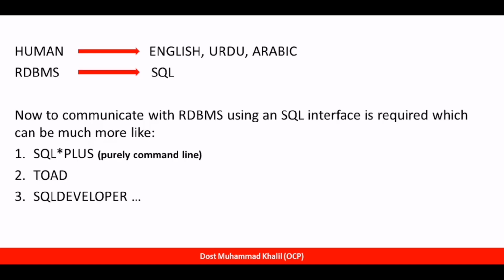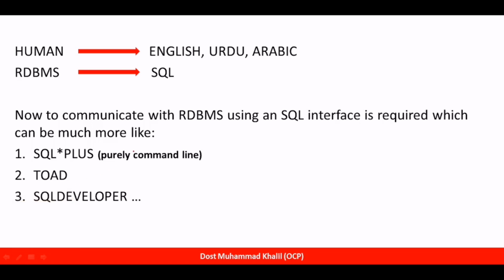As we know, as human beings, we communicate with each other using verbal languages like English, Urdu, Arabic. If someone wants to communicate with the database, obviously she will need to communicate with the help of a language.